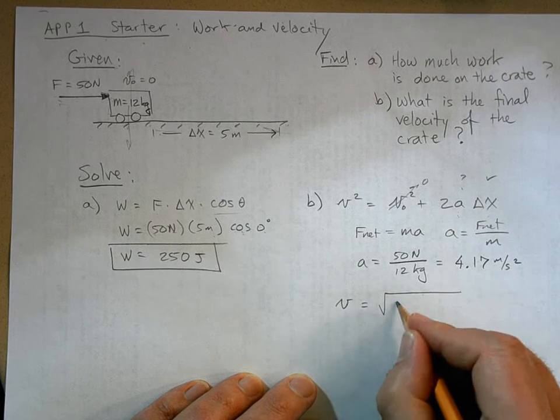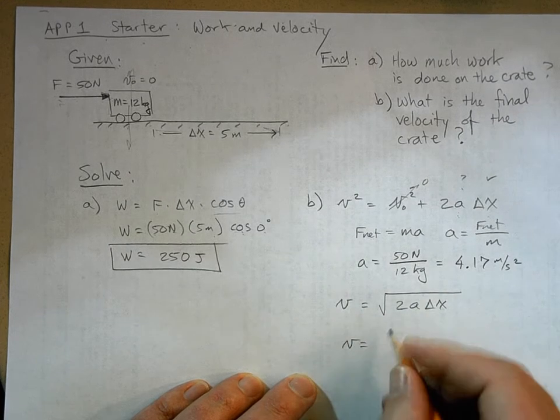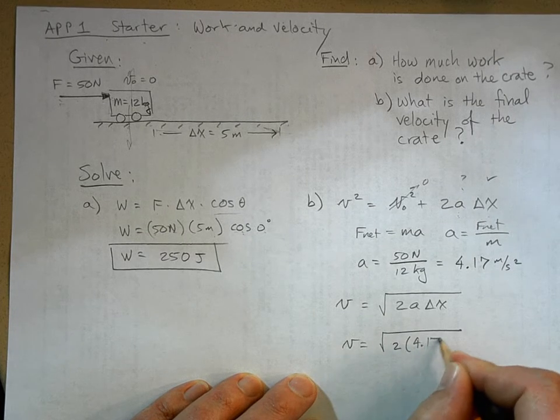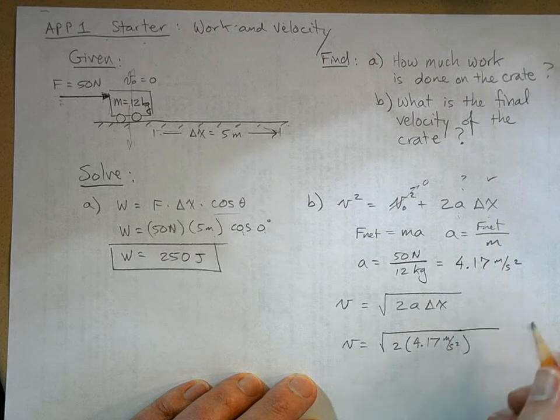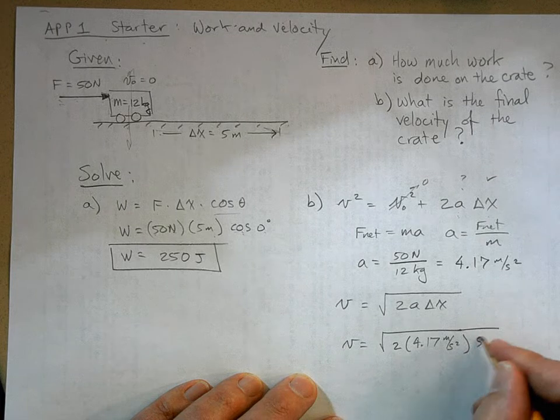v is equal to the square root of 2a delta x. And that's 2 times the acceleration, and then times delta x is 5 meters.